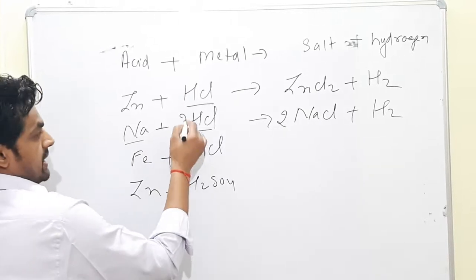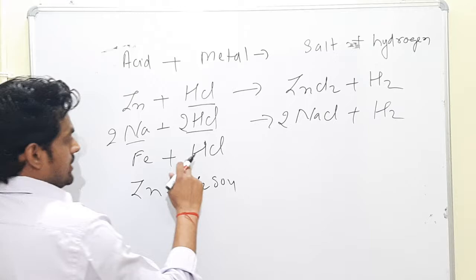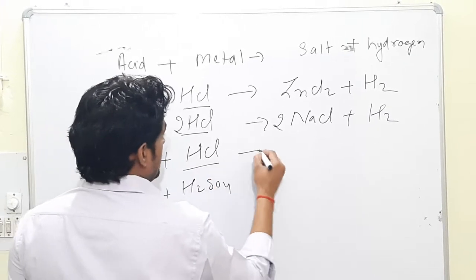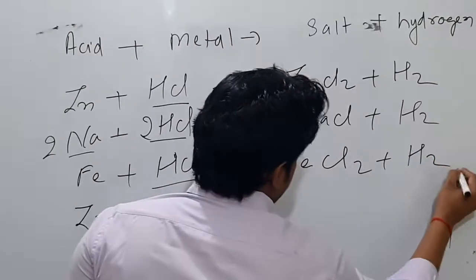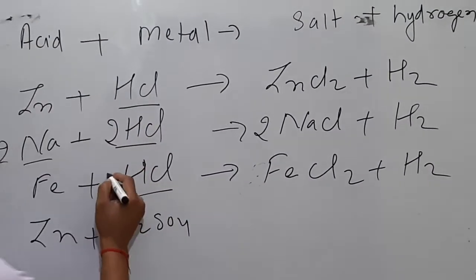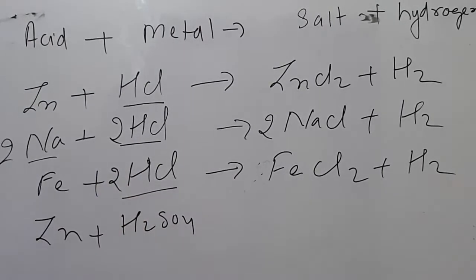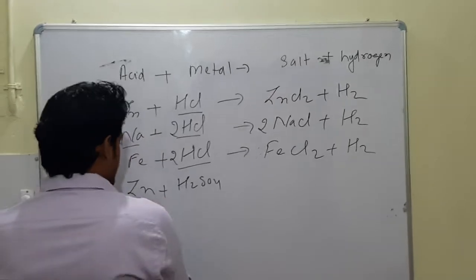Now we have to balance it. Balance कर लीजिएगा आप लोग. When Fe reacts with 2HCl, then it will form FeCl2 plus H2. Now Zn reacting with H2SO4. What will form?